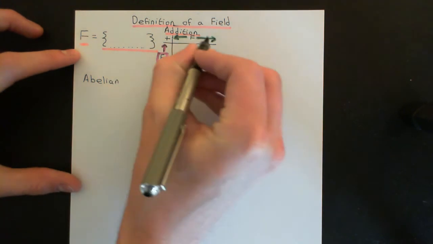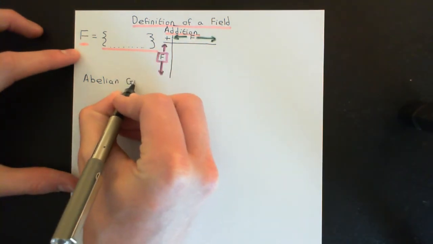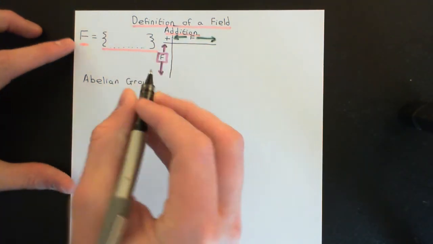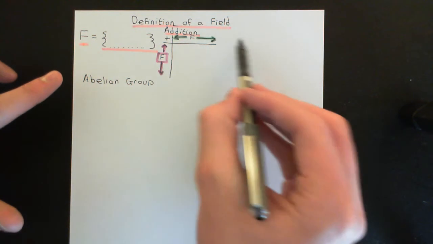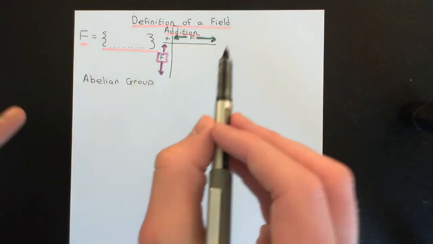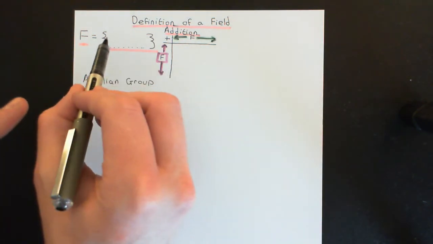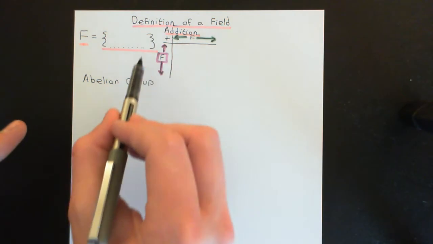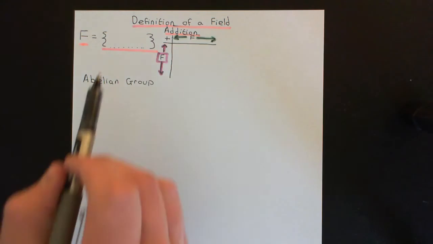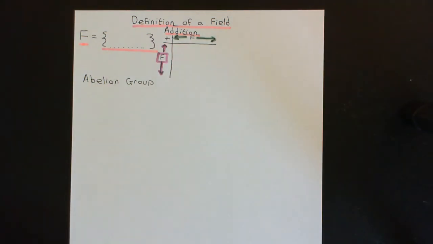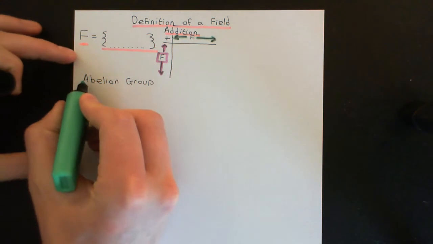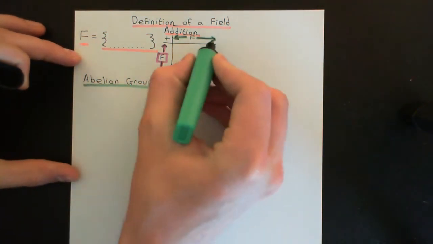So this composition table that I've got here needs to obey the axioms of an abelian group. Now remember, the field is going to have another composition law defined over here, but if you ignore that one and just think about having this set of symbols with this addition composition law on it, then this needs to be an abelian group, and that's a nice easy way of stating all of the axioms that this composition law needs to obey.